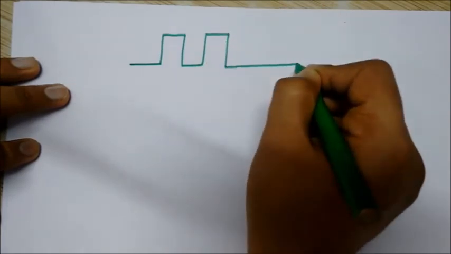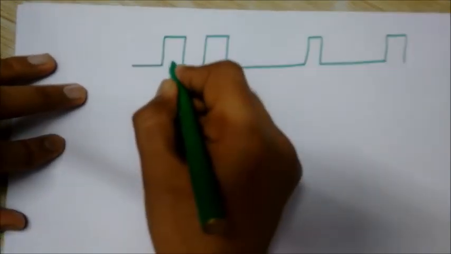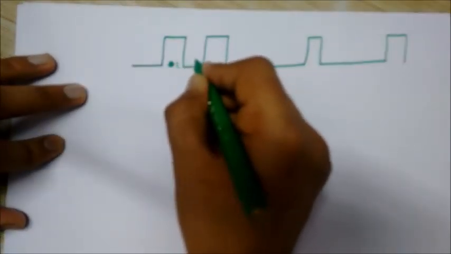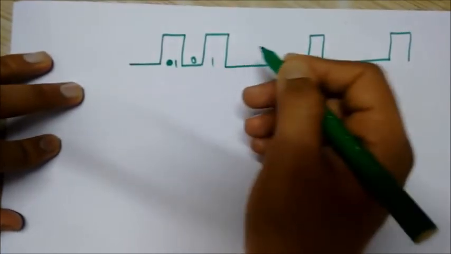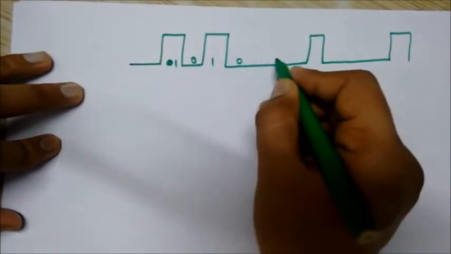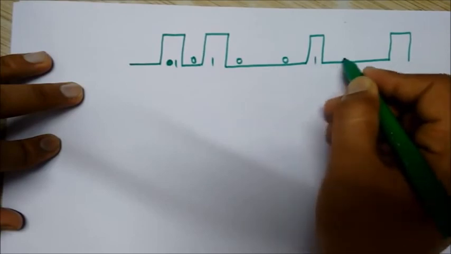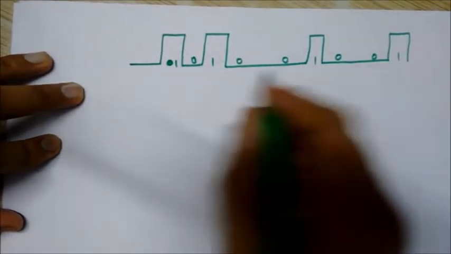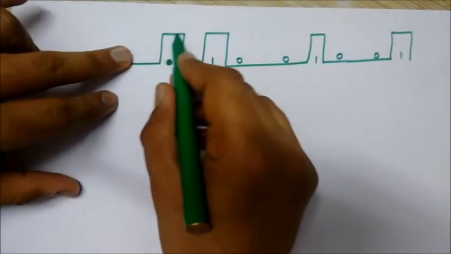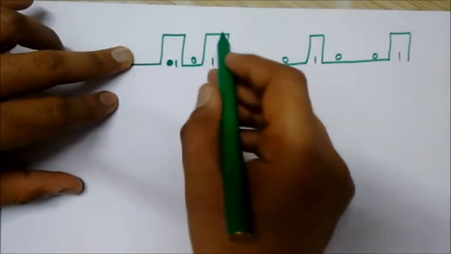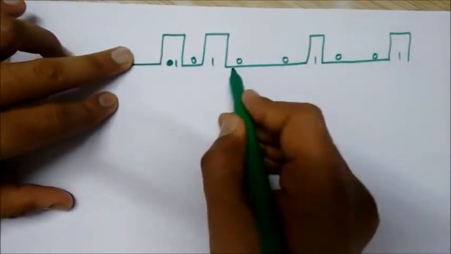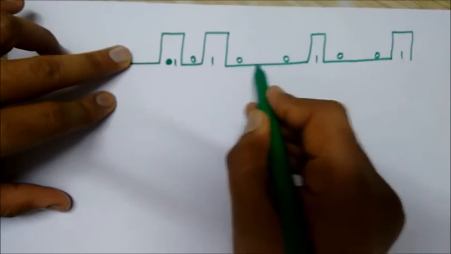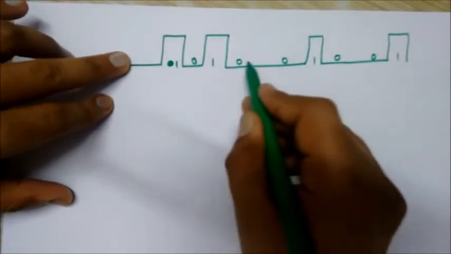Now let's see how a PCM wave looks. This is 1 0 1 0 0 1 0 0 1. As you can see, this amplitude represents level 1, so all these are 1, and here this level is 0, so continuous 0 0 levels.